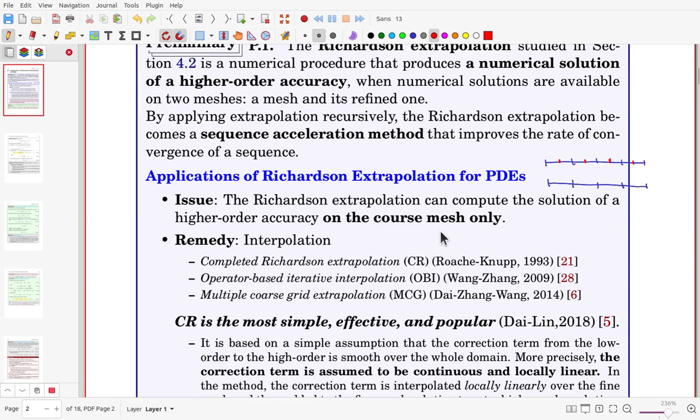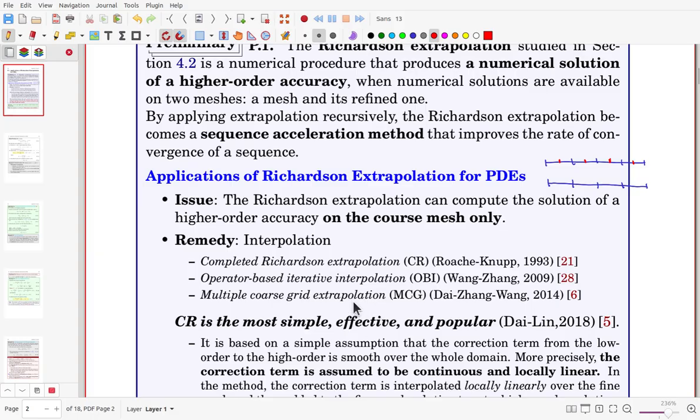There are mainly three mathematical interpolation techniques. The first one is completed Richardson extrapolation, from 1993. That is a kind of oldest one. And later on, operator-based iterative interpolation and multiple coarse grid extrapolation.